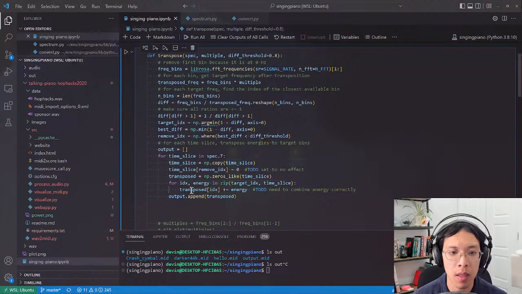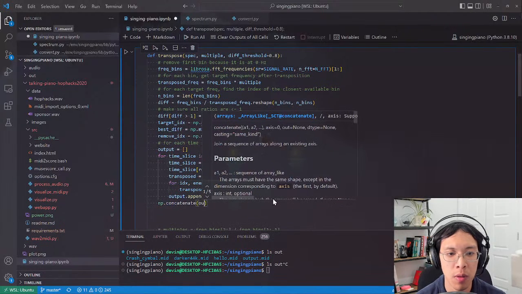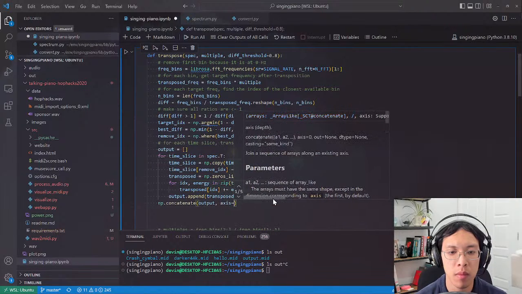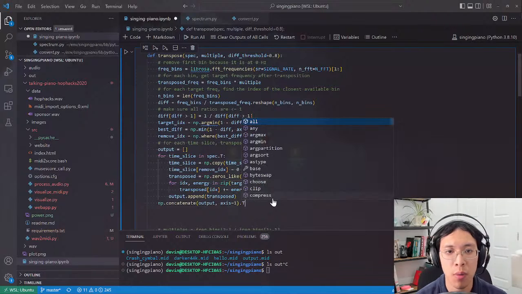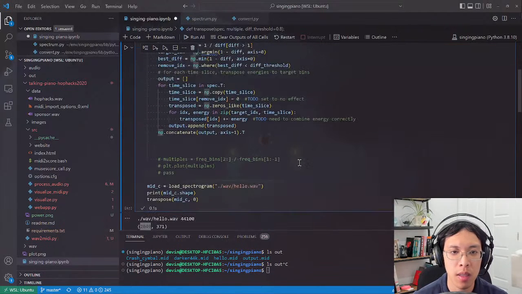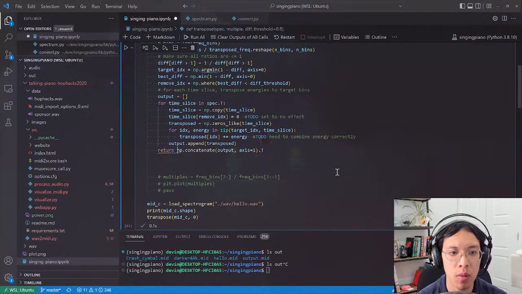Now I can stick this thing into output, and then finally concatenate output together, and stick everything together in axis 1, transpose it back so that it is frequencies and then time, right? And we can return the whole thing.